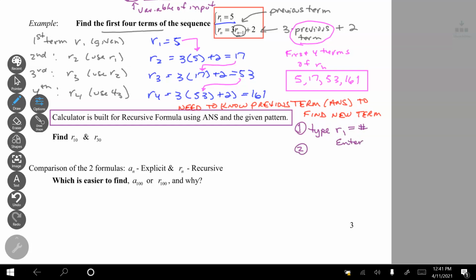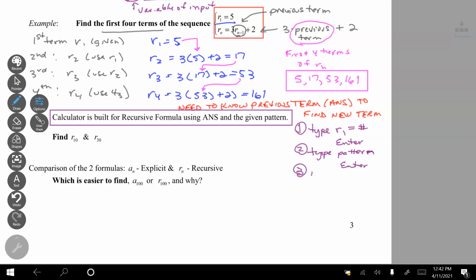Second thing I'm going to do, I'm going to type in the pattern. I'm going to show you how to do that in a minute. And hit enter. That'll figure out my second term.